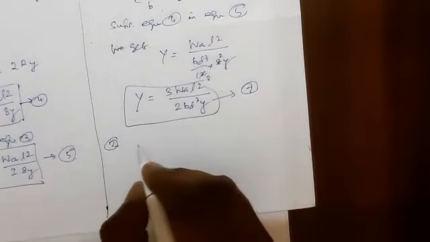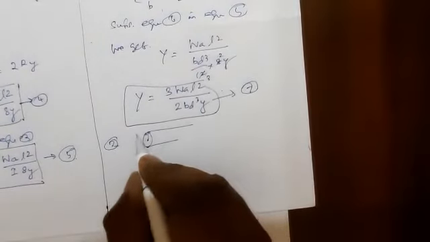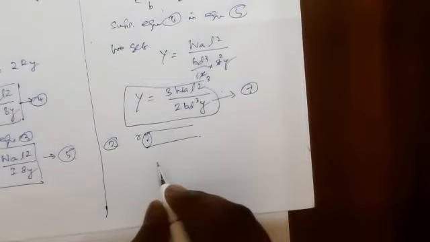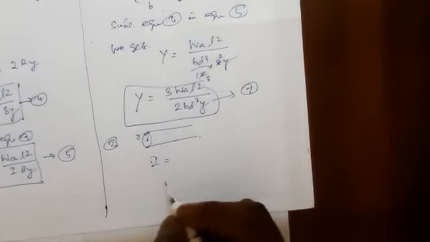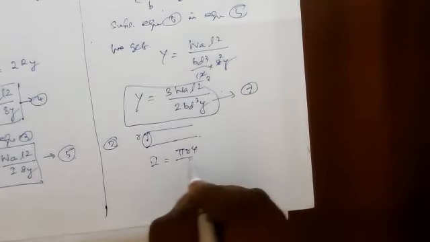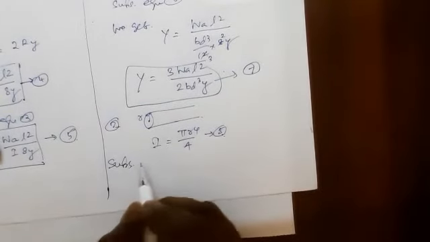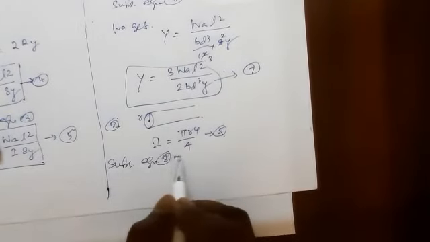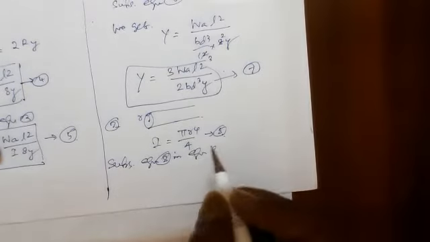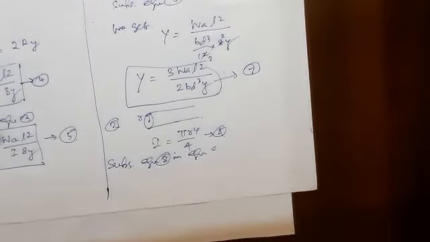Suppose we take a circular beam of radius r. The geometrical moment of inertia I equals pi r to the power 4 divided by 4. Equation number 8. Substitute this equation 8 in equation number 5.